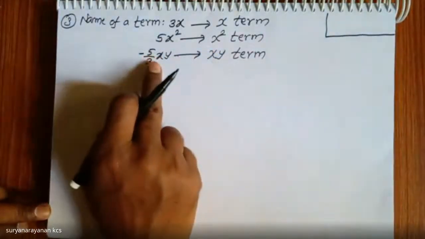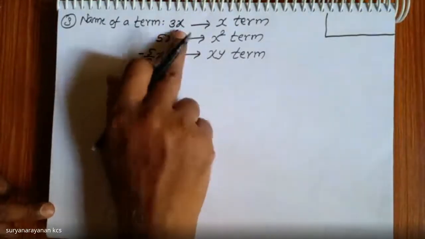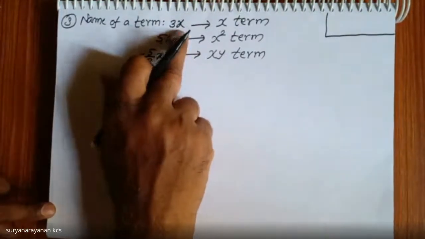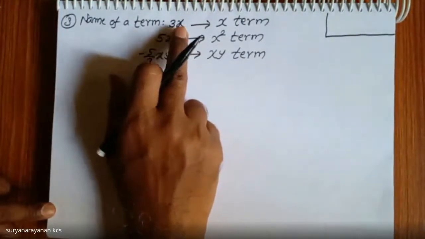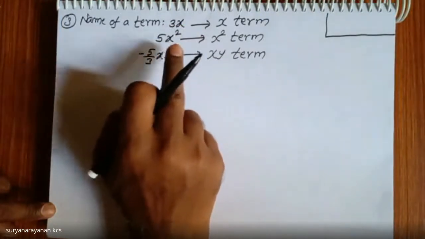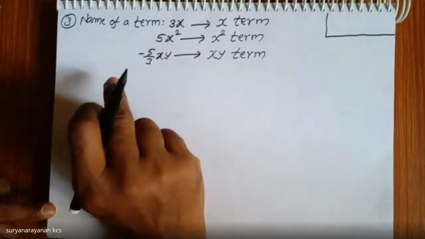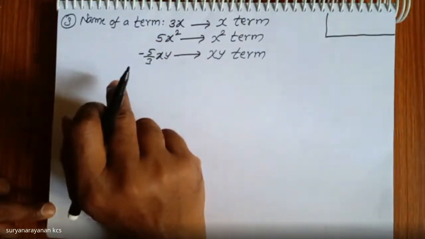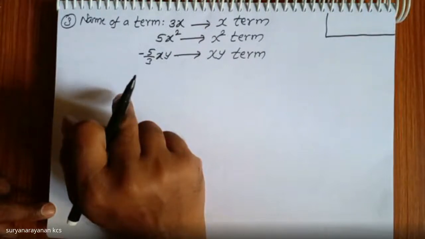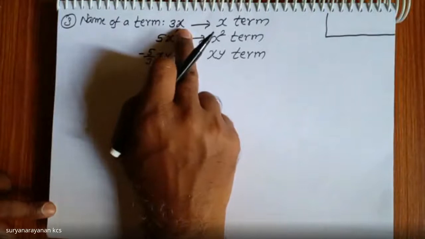Like this, we have to give the name of a term to understand a polynomial easily. This term is called x term. Just by observing the variables involved, we give the name of a term. What are the variables involved in this term?